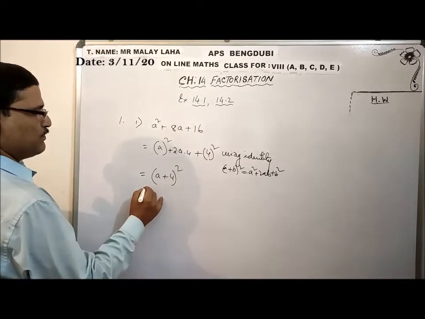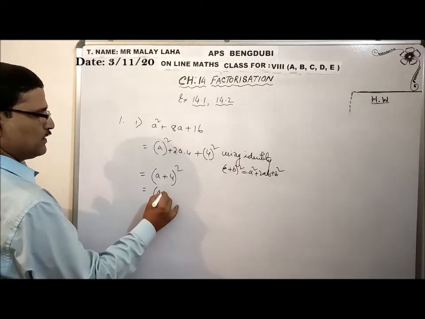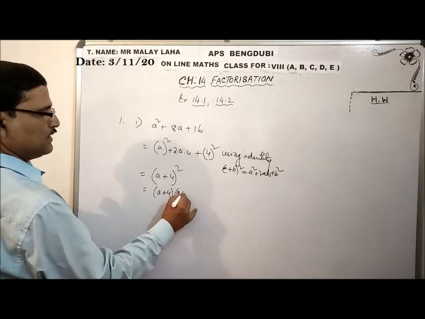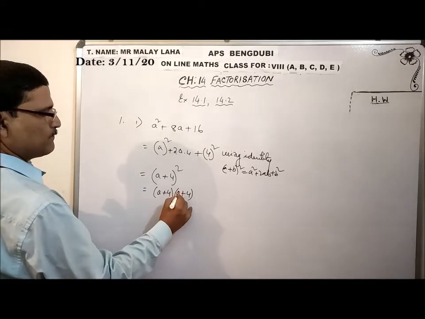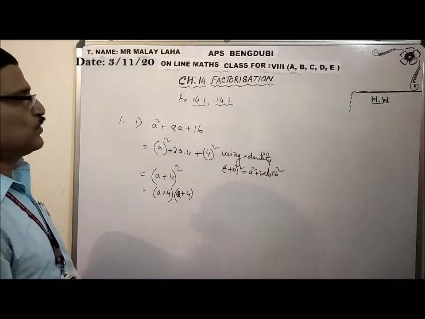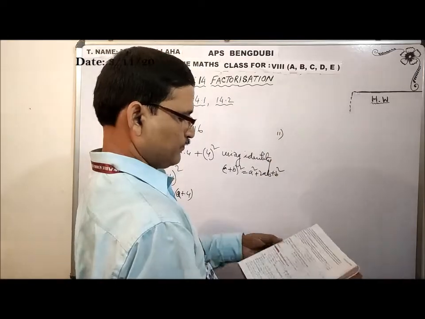Whole square means 2 times, so you have to write x plus 4, x plus 4, because it is a factorization product form. You have to show it in product form. Clear?